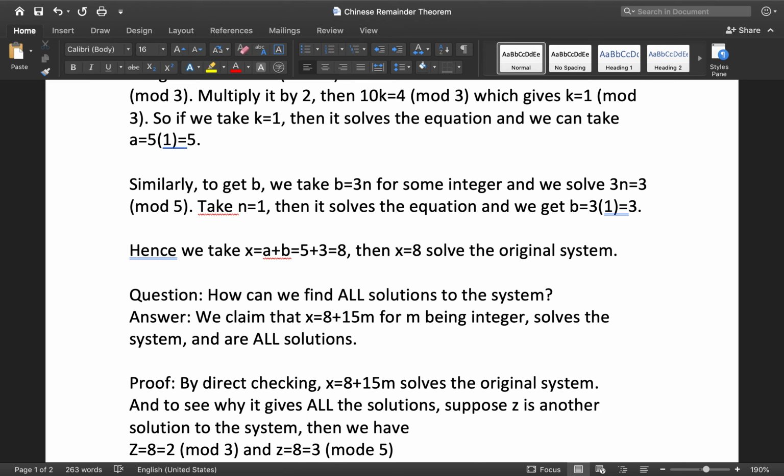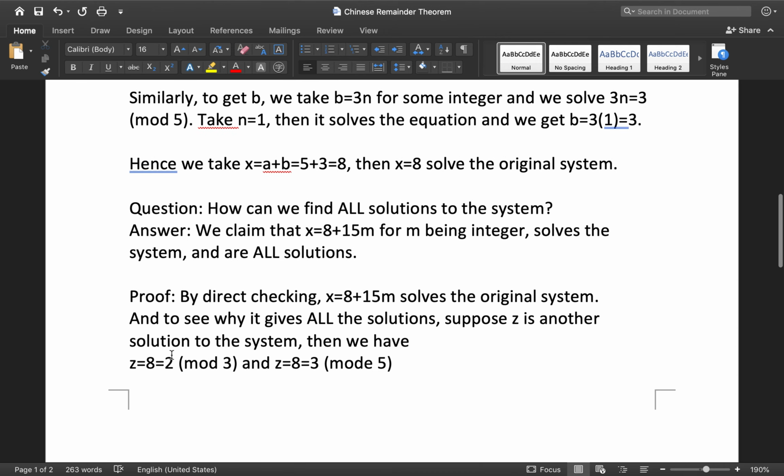Why did I put that 8 in between the z and the number? Because I have to make use of that 8, as I want to show z has to be of the form 8 plus 15m. That is the reason we got the 8.